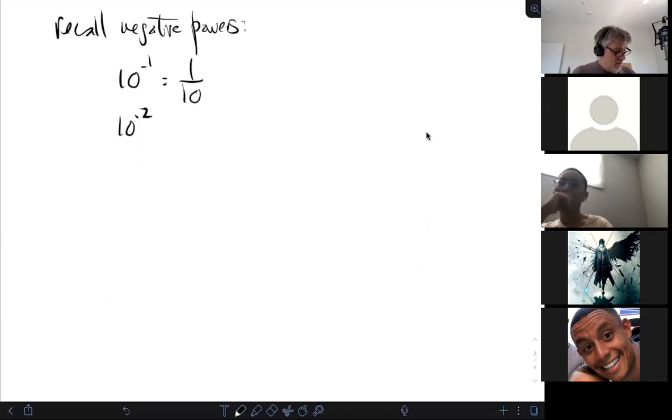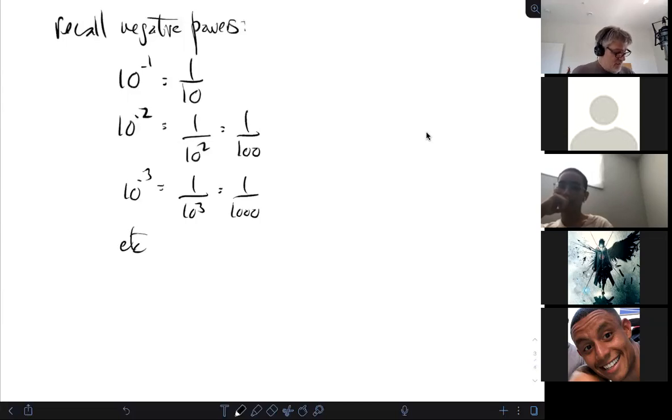And 10 to the power negative 2, that's 1 over 10 power 2, which is 1 over 100. 10 to the power minus 3, 1 over 10 power 3, which is 1 over 1,000, and so on, right? So we have the negative powers like this. And so the positional system can be expanded by just, we keep on going from left to right as follows, right? So we'll have the fractional part that we can add in.